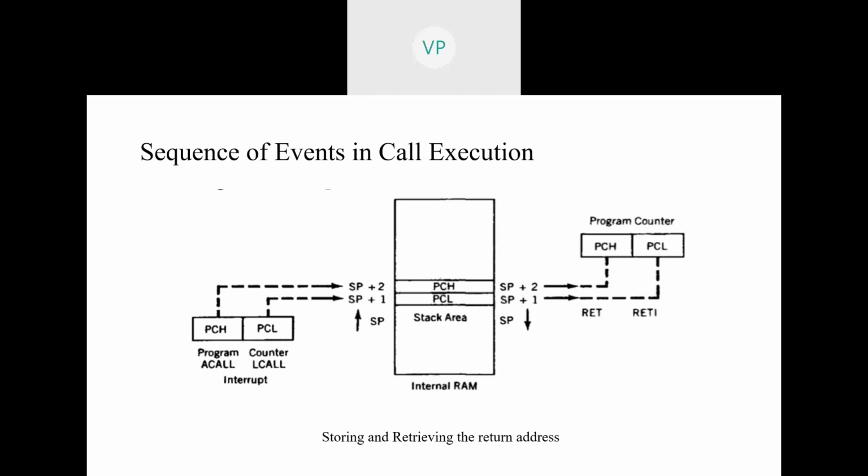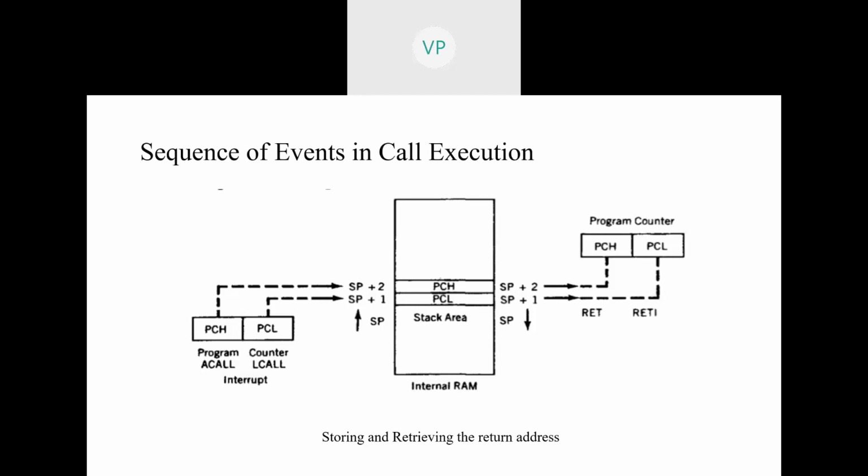Take an example: I'm running a code, and the next instruction is a call instruction. Since there is a call instruction, the processor has to stop running this program. Also, we know that the program counter always holds the address of the next instruction.